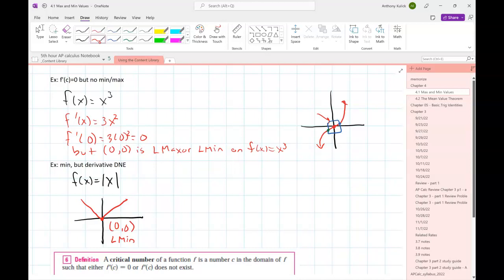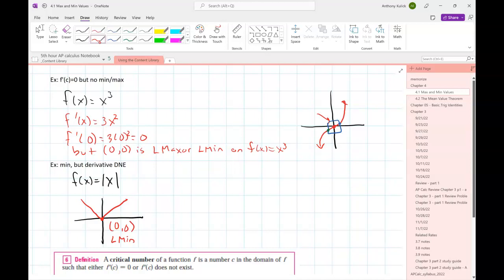So in fact, it's also an absolute minimum, but that's fine. Absolute minimums are also local minimums. But the converse is not true, right? Local minimums are not always absolute minimums.